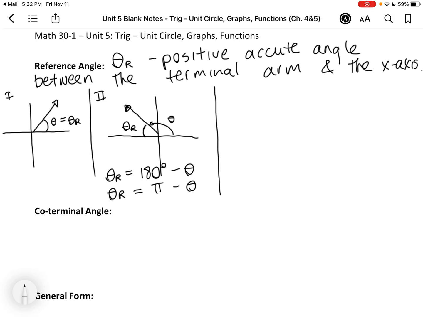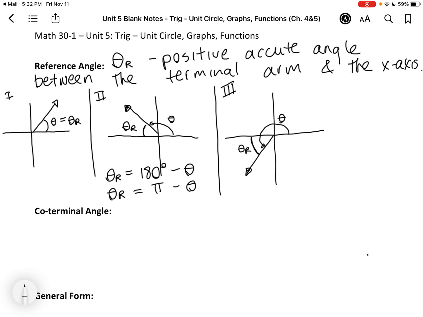Okay? In the third quadrant, here's the whole angle. The reference angle is this guy here. It's the angle between the terminal arm and the x-axis. With this angle, theta is equal to 180 plus the reference angle.